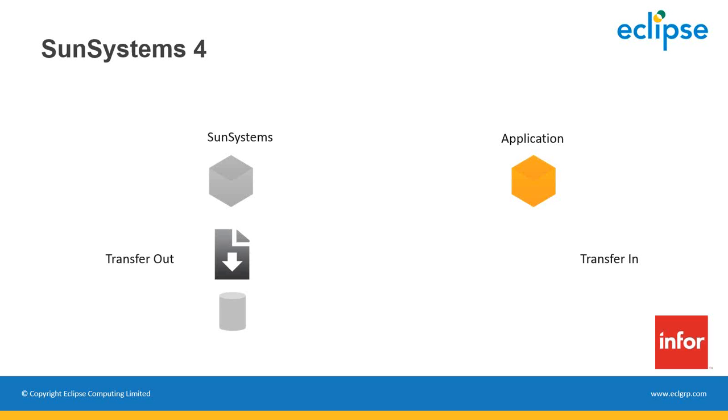If we think back to SunSystems 4, it was a very linear process. If you wanted to get information out of SunSystems and into another application, it was a case of transferring the information out into a flat file, moving the data across to a different site or a different server, and then importing the information from a flat file into the target database in the target application.